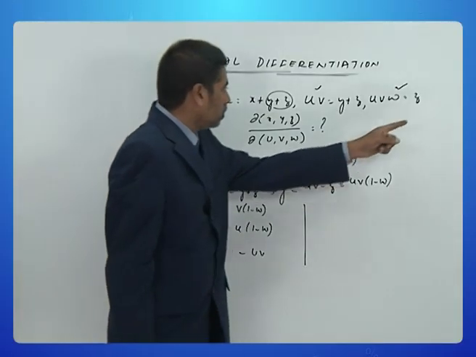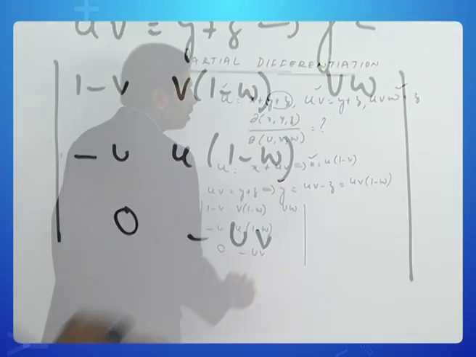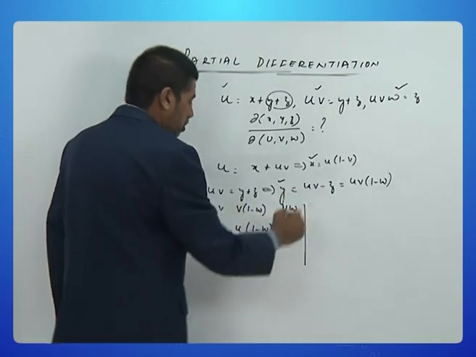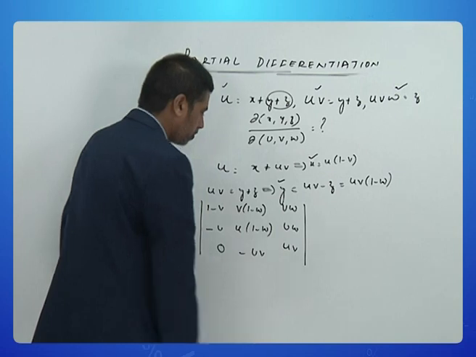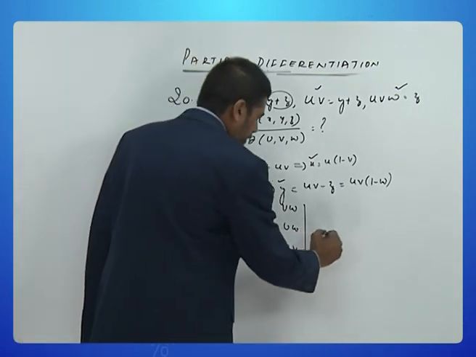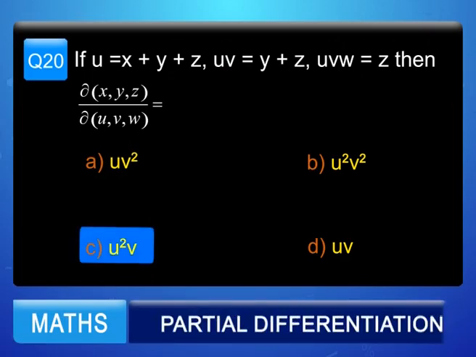Finally, ∂z/∂u would be vw, ∂z/∂v would be uw, and ∂z/∂w would be uv. Now this is just a question of expansion, and you will get u²v as the answer, and the correct option will be found to be C.